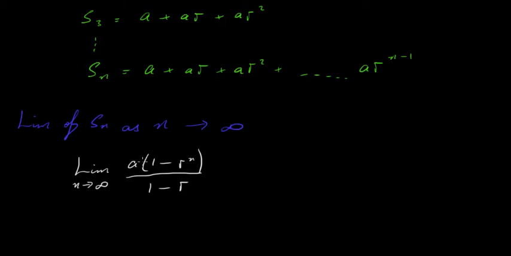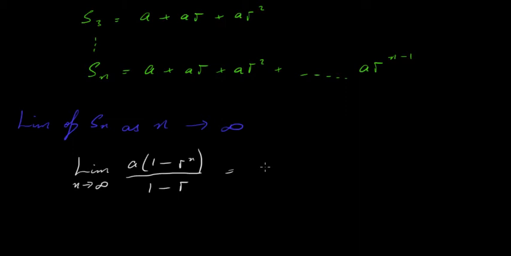So we have to get the limit of Sn as n goes out to infinity. If you look at this, you can see that a is going to be a constant and 1 minus r is going to be a constant. So really this is a over 1 minus r multiplied by this bit here.